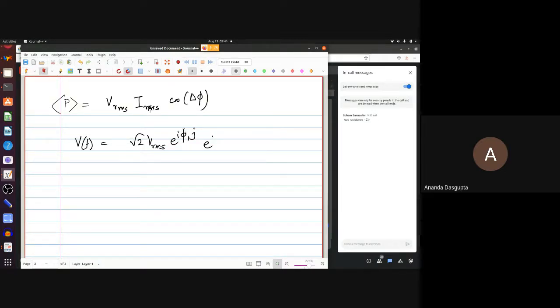Sorry, it's the J phi one. I'm lapsing into the mathematician's version. It's J phi one, times e to the J omega t. That is the complex V of t that we use. It might be useful to change the notation and put a tilde on top just to indicate that this is the complex value.